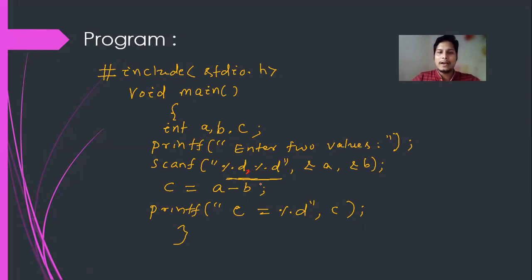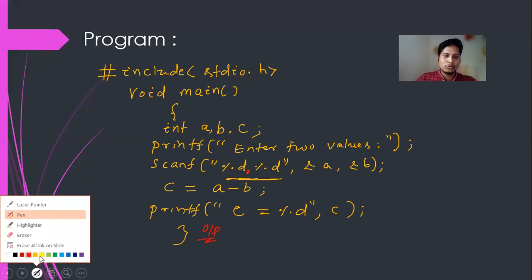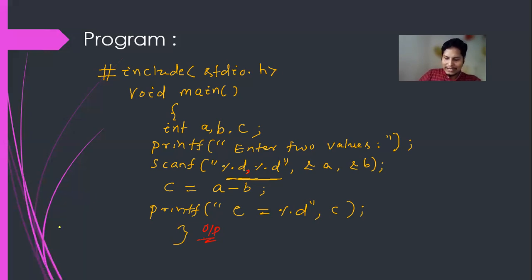If I'm not using the comma operator, I have to press the enter button to enter two values. For example, in the output screen, it will ask me to enter two values, and my cursor will be blinking.